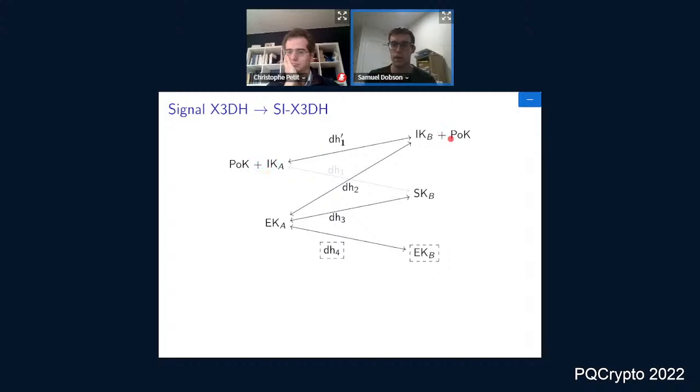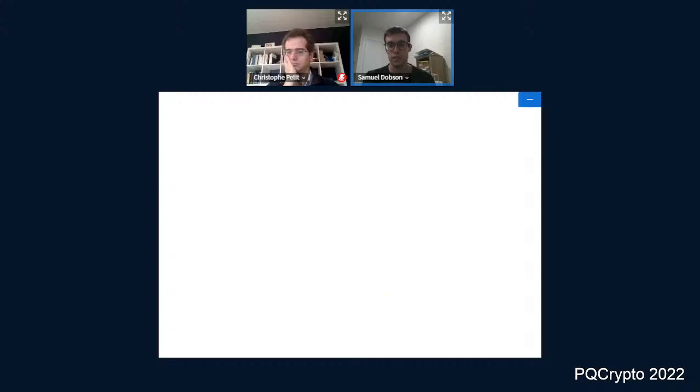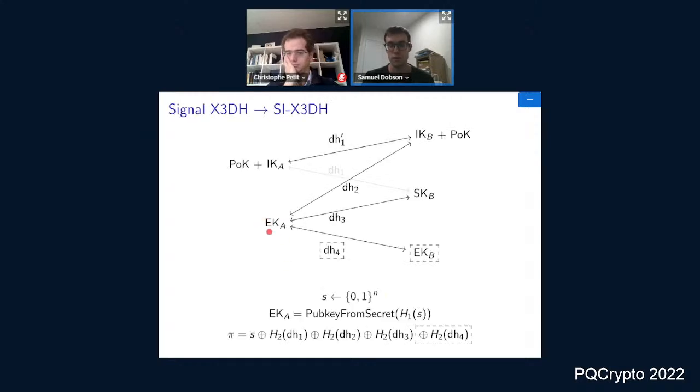And because these are quite big and inefficient, we didn't want to add this onto the semi-static key because you would have to constantly regenerate and re-verify this. So after we've done that to prove that the two identity keys are well formed, we then add an FO transform onto this ephemeral key here, which then prevents all adaptive attacks across all these different combinations of exchanges that are done.